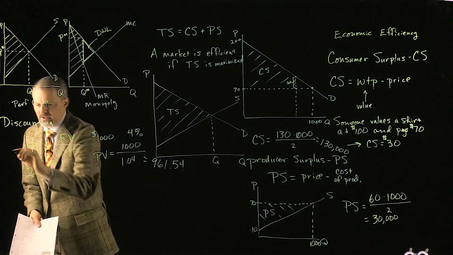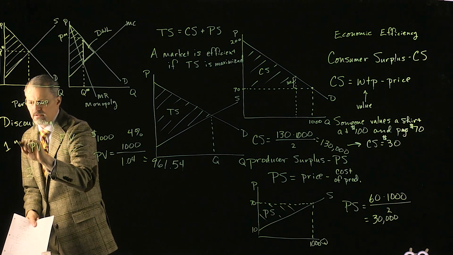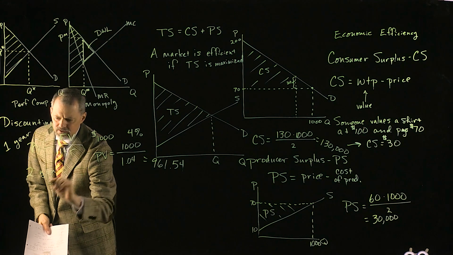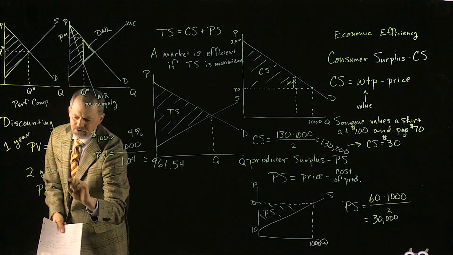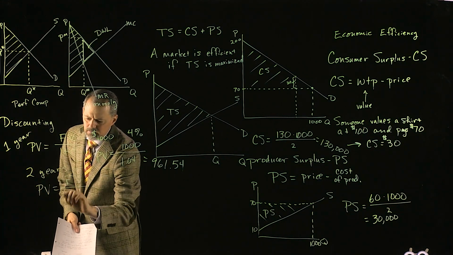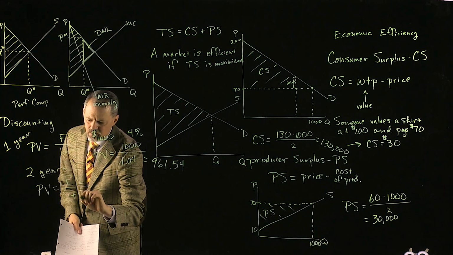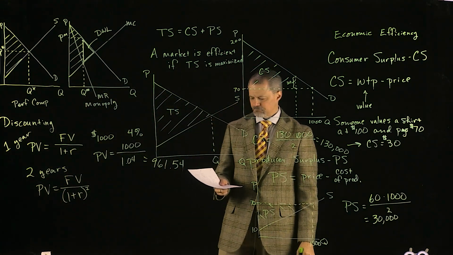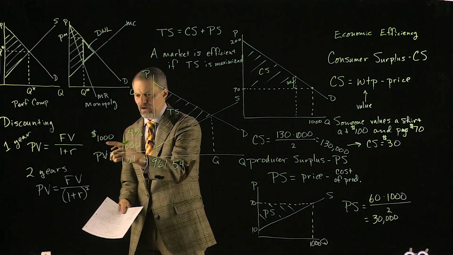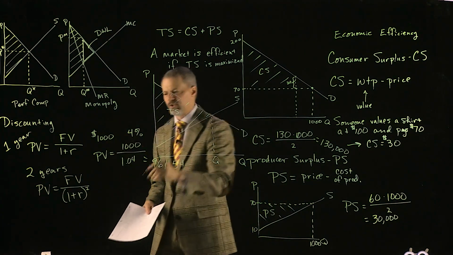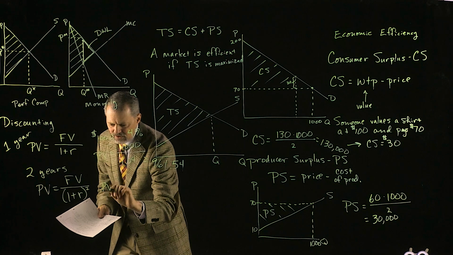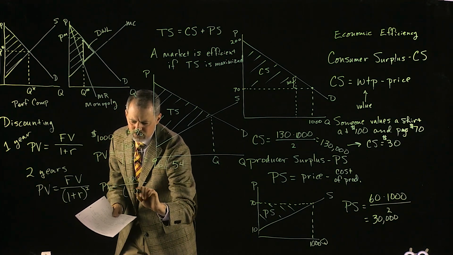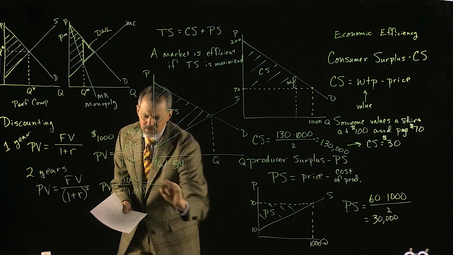Or if we had a payment in 2 years. If we wanted 2 years, then the present value would be equal to the future value divided by 1 plus r, and then you've got to square it. So if we did that $1,000 2 years from now, the present value would be equal to 1,000 divided by 1.04 squared.